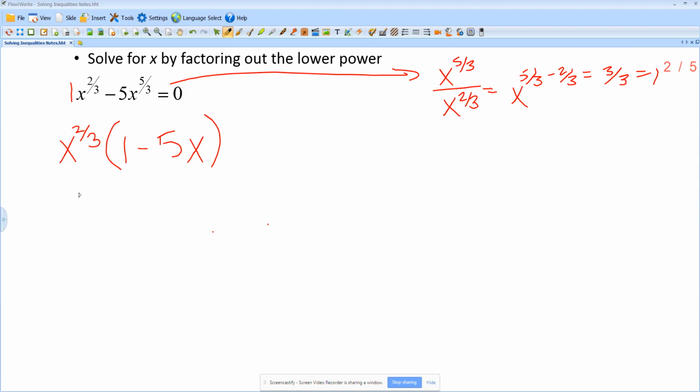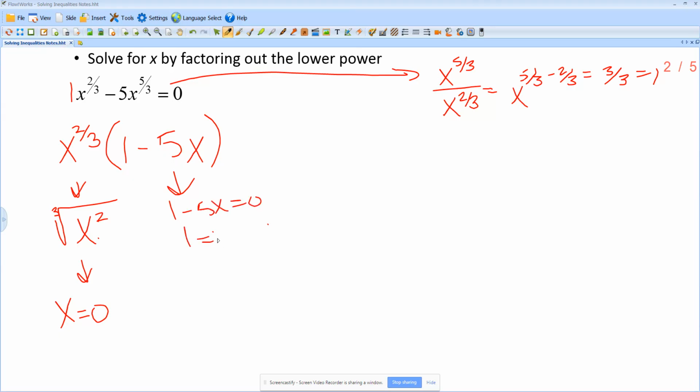Now I set each of these equal to 0. X to the 2/3, if you're thinking about what that is, that's the cubic root of x squared. The cubic root of x squared, or just x to the 2/3, zeroes out at 0. 1 minus 5x, if you wanted, you can set this equal to 0 and solve.